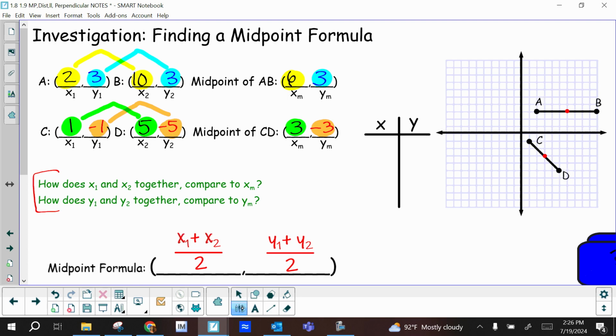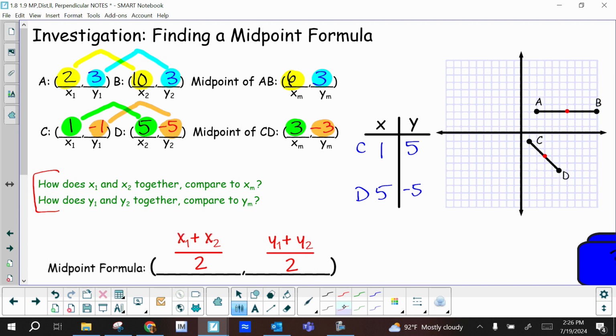Here's another thing I also want to look at. You can always look at it in terms of a table, or a T-chart. Let's look at C and D. If I write point C first, C is at (1, 5), and then I put point D right here. D is at (5, -5).